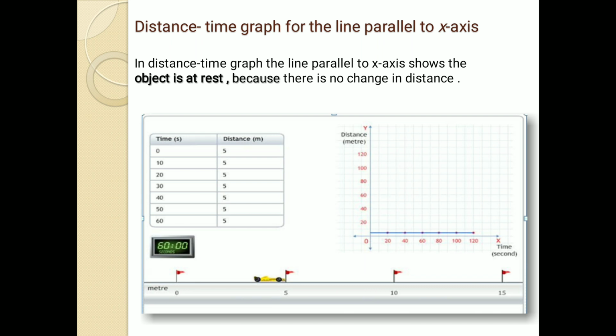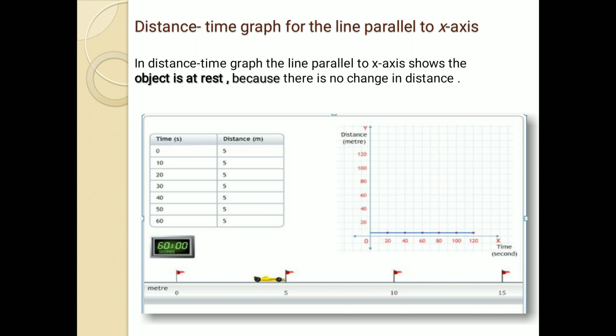It indicates the object is at rest because there is no change in distance. Okay, so this question is there in your exercise. Afterwards I will give the notes. Okay, so you understood this. The line is parallel to the x-axis in a distance time graph means the object is at rest. Is it clear? So this is about the distance time graph.